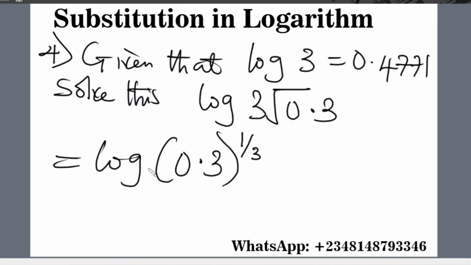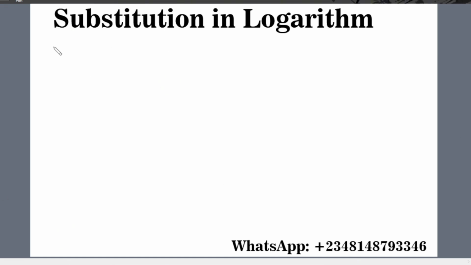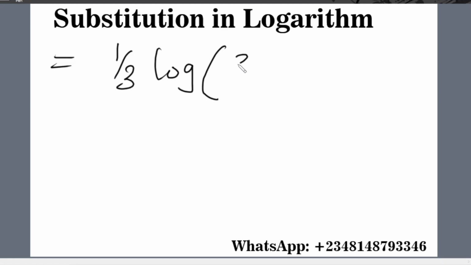If we apply the index logarithm law, we would have 1 over 3 multiplied by log (0.3), which becomes 1 over 3 log (0.3 is the same thing as 3 divided by 10).